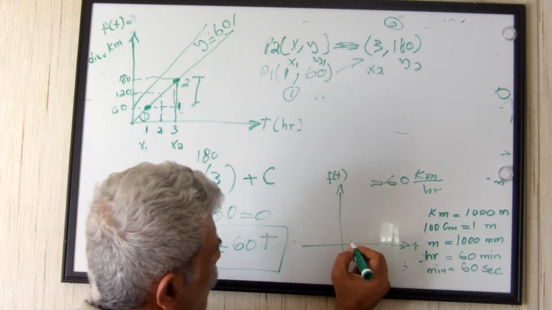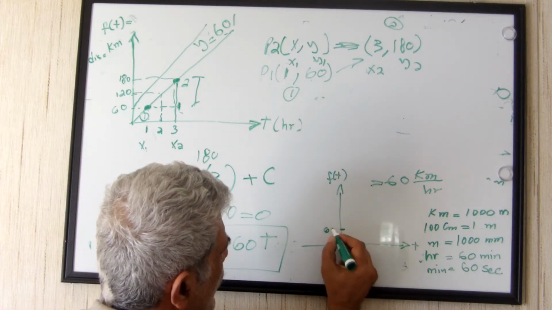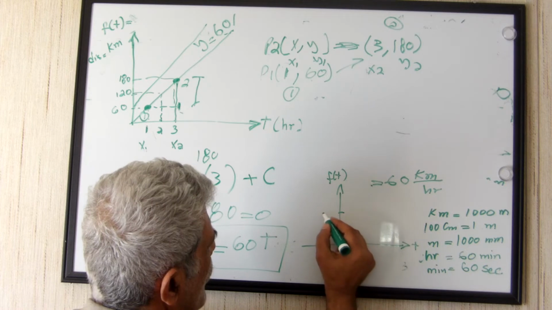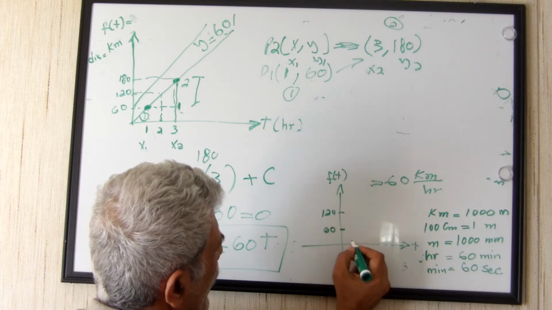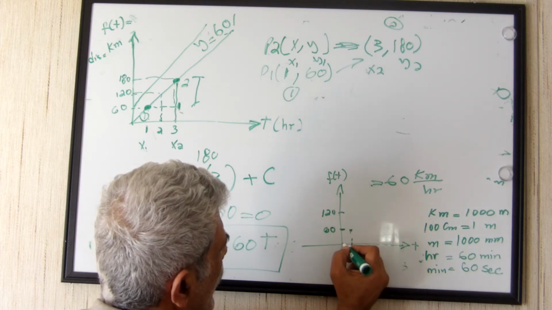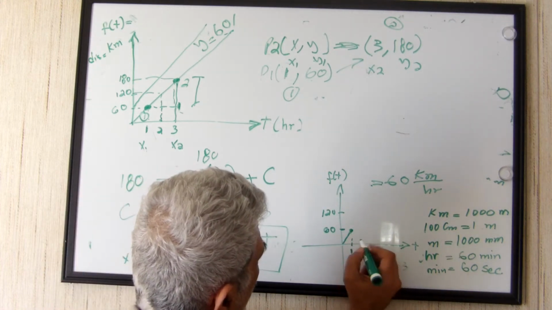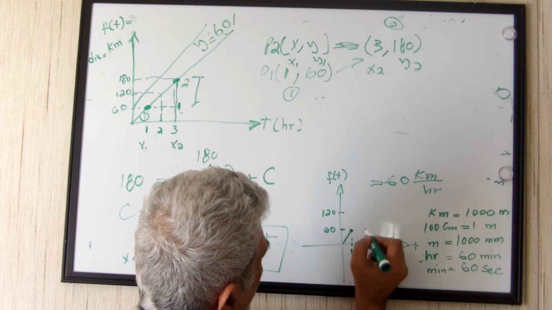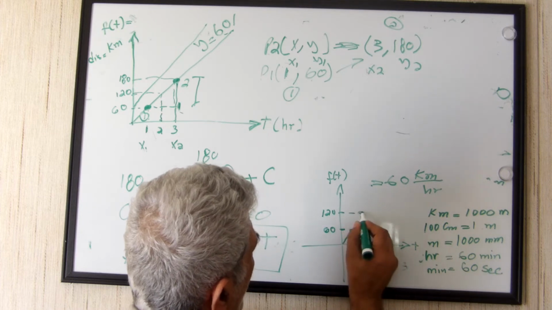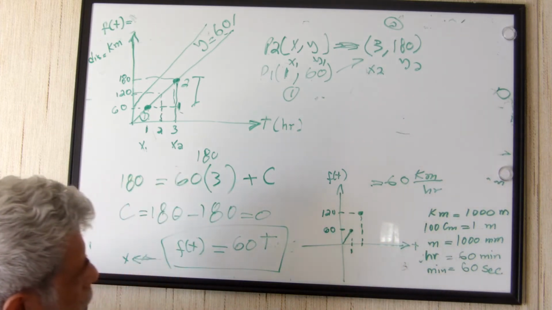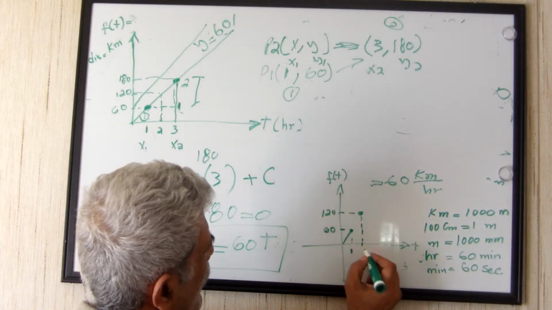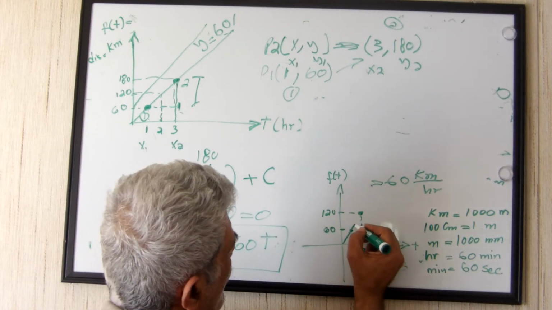See, if t is 1, this is going to be 60. And if you put the unit, at the first hour, and then at the second hour, this is going to be this point. At the first hour and the second hour. See?